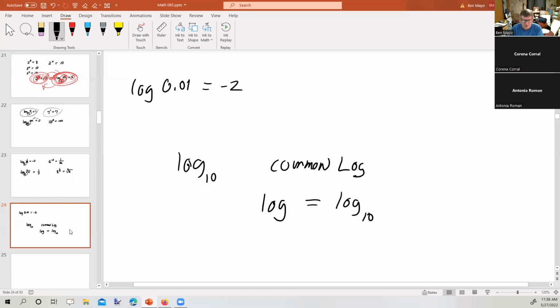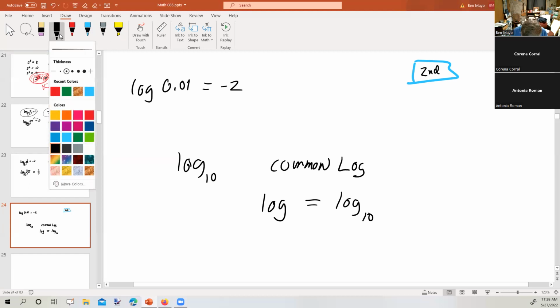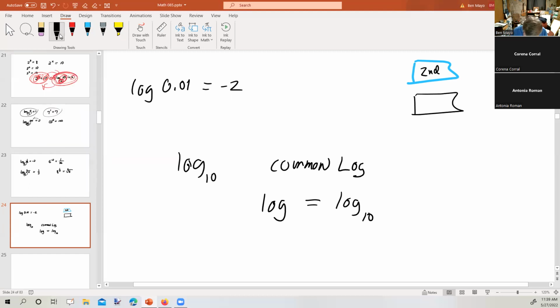If you have your scientific calculators handy, you'll see that in the first column, right up here, the second button says LOG. So you've got this blue button that says second, and then right below it, it says LOG.